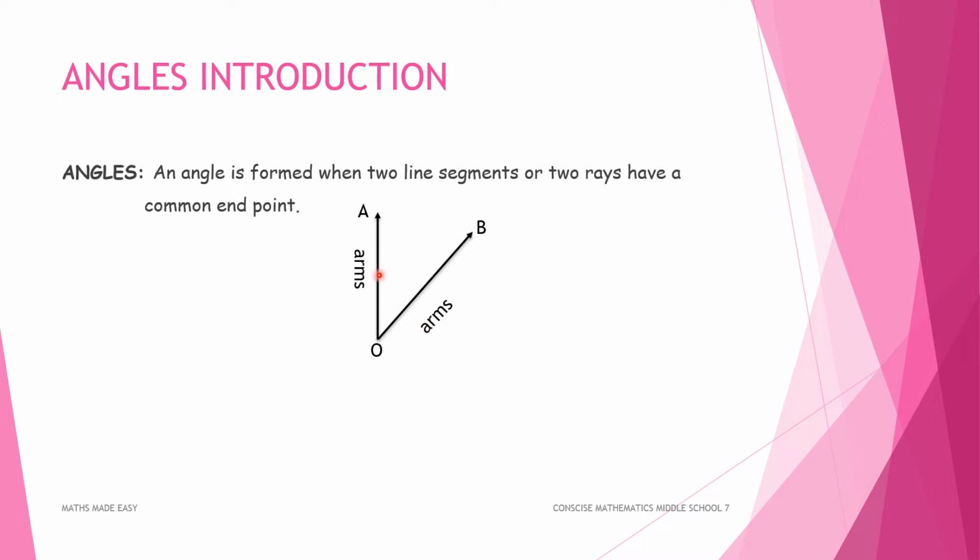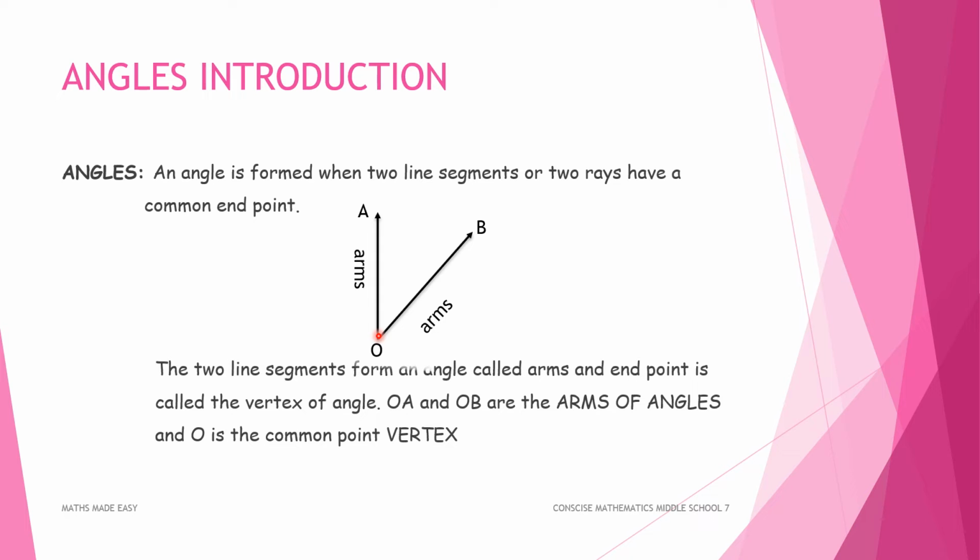Okay, and where OA and OB meet, they meet at O, the point where I have placed the cursor, and this O is called the vertex of the angle. Vertex of angle. Right, I hope it is very clear.